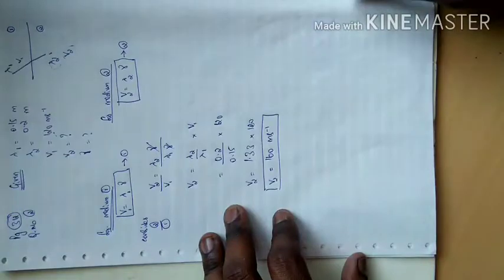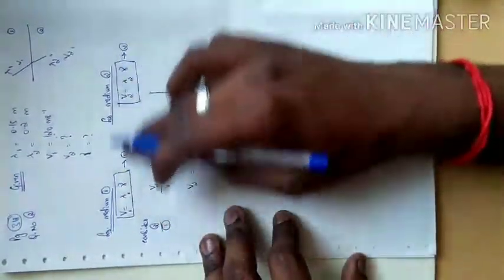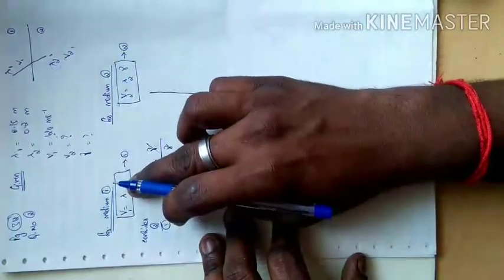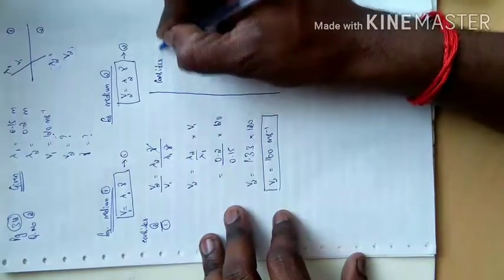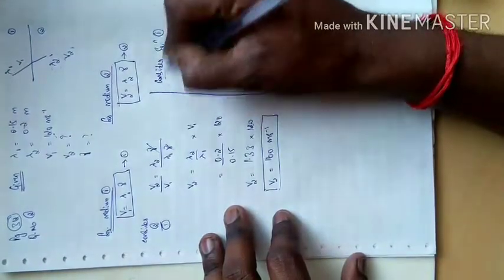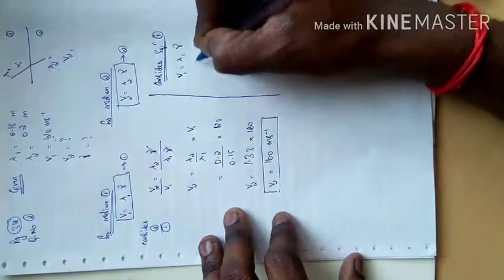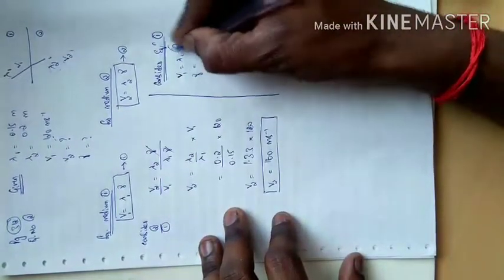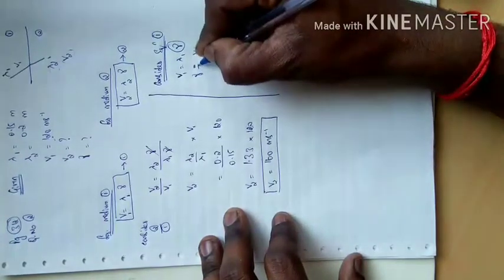Along with this, they are asking you to calculate the frequency. Now frequency, I said, in both the media remains constant. If you consider 1, or if you consider 2, you will get the answer. Consider equation 1 or 2, your choice. I am considering 1, that is V1 is equal to lambda 1 into nu. Then nu is V1 by lambda 1.